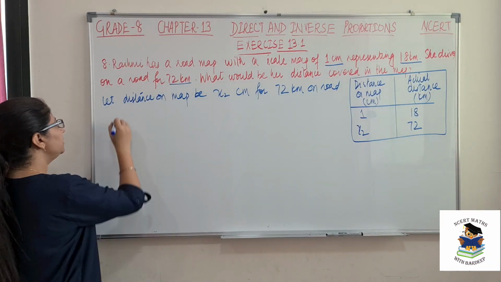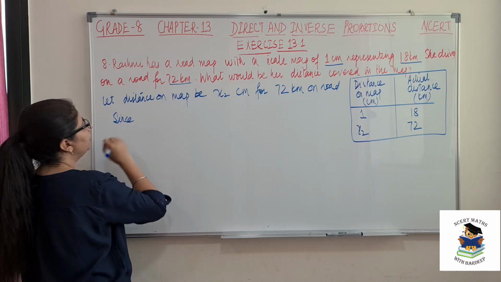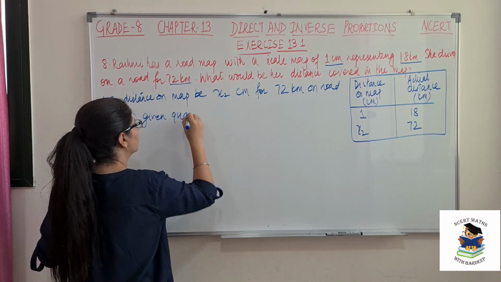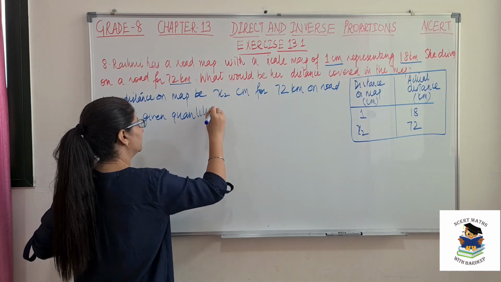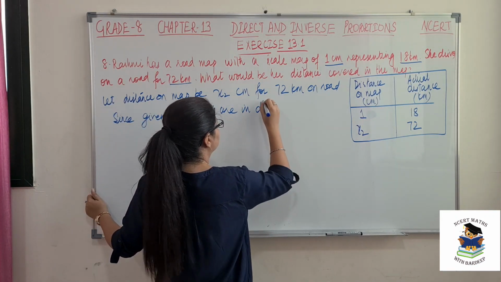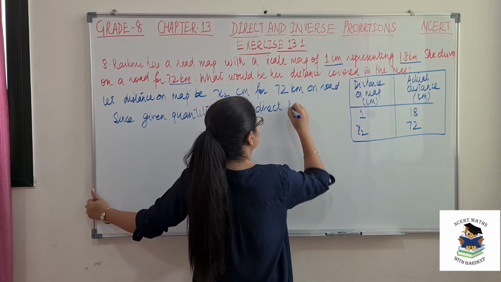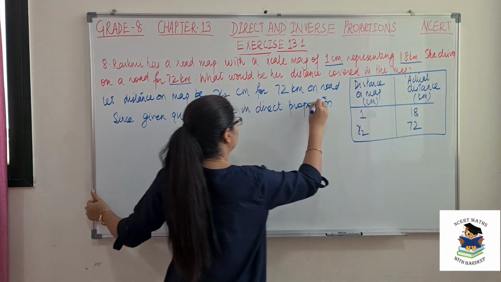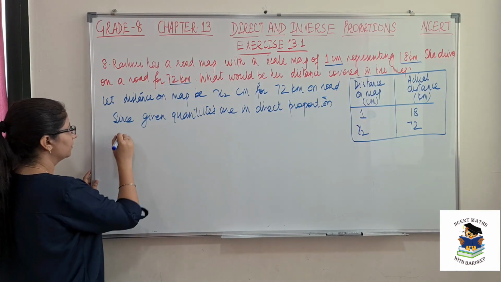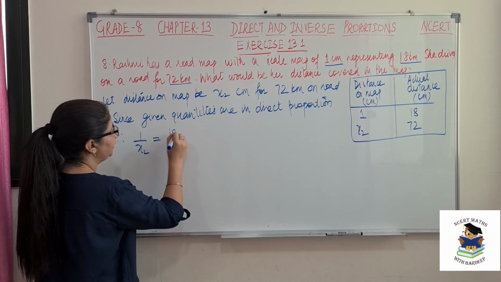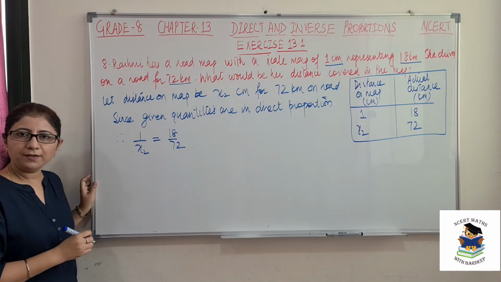Since again the same thing, given quantities are in direct proportion, therefore 1 over x2 is equal to 18 over 72.